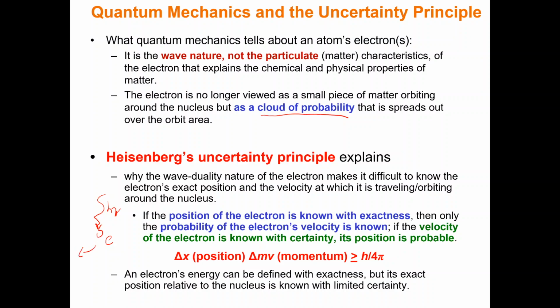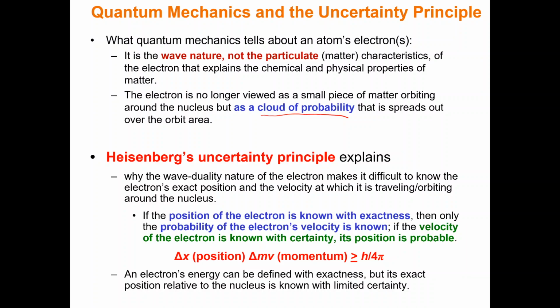Well, now we've kicked the electron out of its orbit. So now we may know where it is, but we no longer know how fast it is. Or maybe we're experimenting with how fast it's going, but now we no longer know where it is. So that's the uncertainty principle. You can know one or the other, but you just can't know both at the same time.